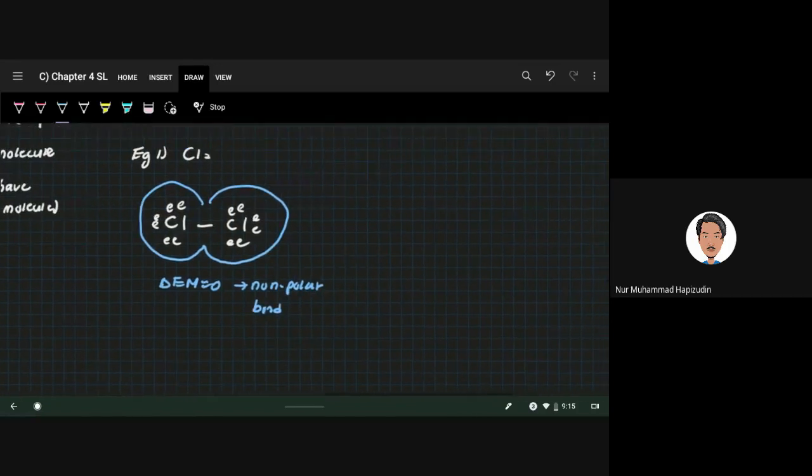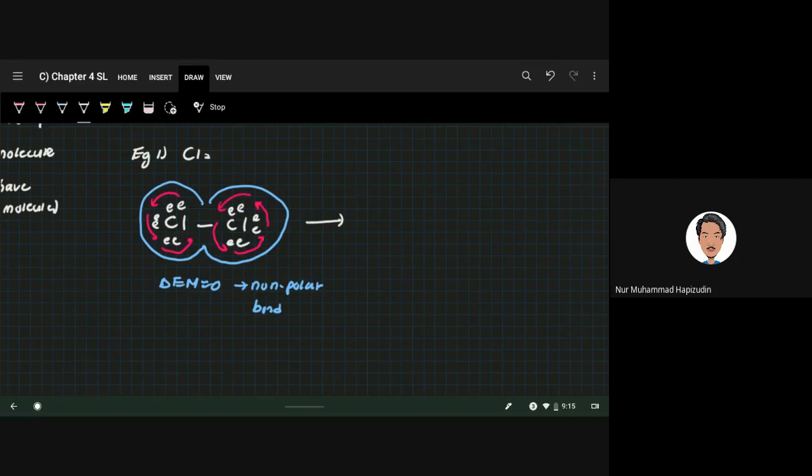Tengok sini. Saya tunjuk process. We know that electrons move freely. Electrons always move freely in the atom, always moving surrounding the nucleus.